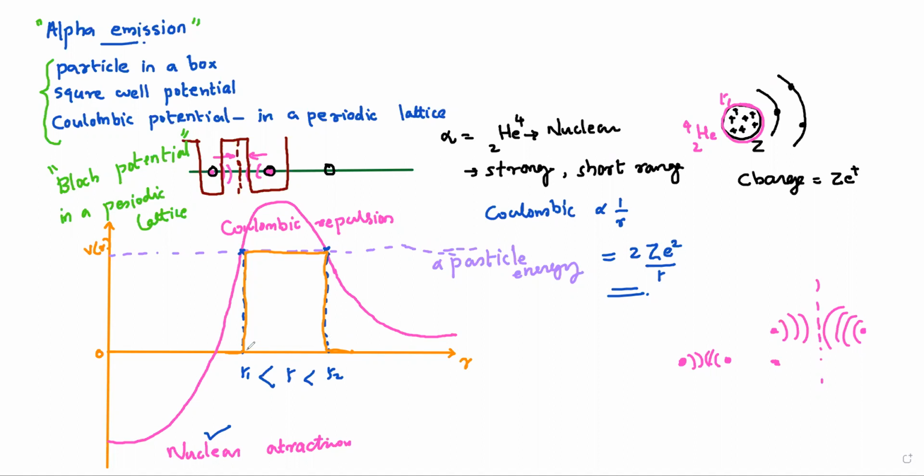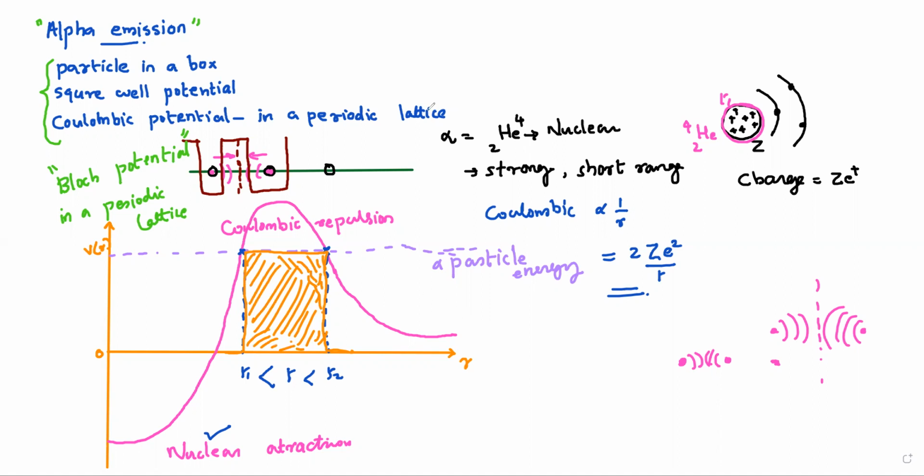We also know that at R1 and at R2 we obtain two boundaries, and within this region it acts as a Coulombic potential region, or one-dimensional square well or square barrier, within R1 and R2. So R1 is the point up to which nuclear attraction is there. Beyond that, Coulombic repulsion starts, and there is a particular maximum limit. And beyond that, it starts to decrease exponentially.